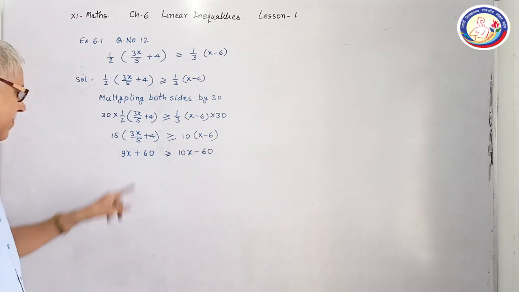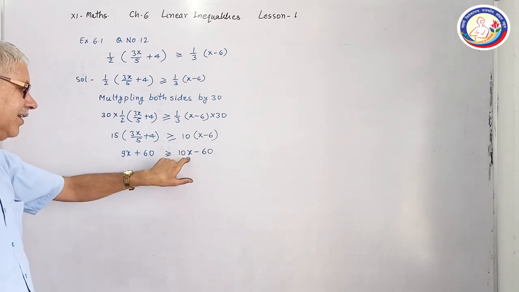We have to remove 60 from the left hand side and 10x from the right hand side.